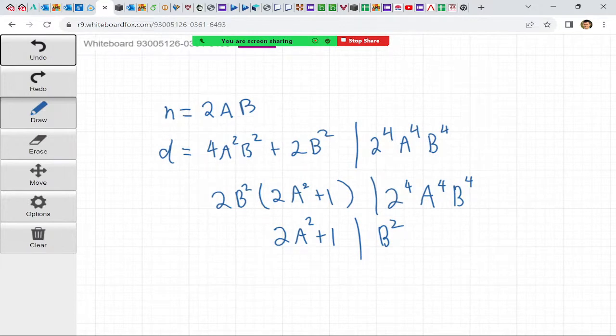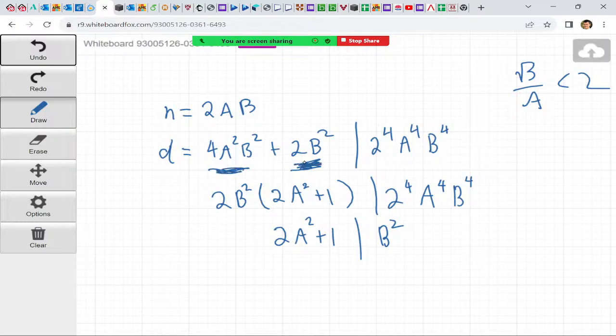So the problem is to find n such that there's a divisor of n to the 4 between n squared and n squared plus 2n. So you have 2a squared plus 1 divides b squared. Because we just switched out a for b, we know that b on a has to be less than 2 for this to work. That makes sense? Because this part has to be less than 2n, and this is n squared, and the only difference between this and n is you swapped out the a for the b.